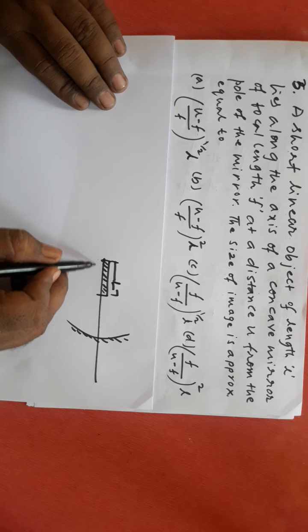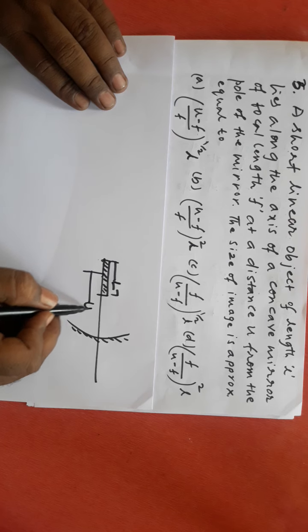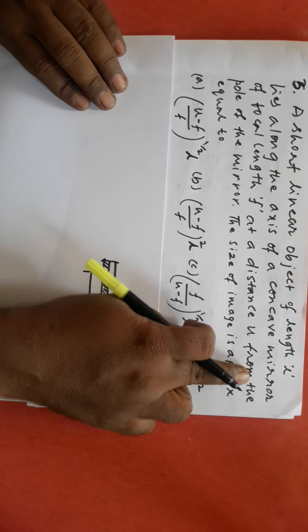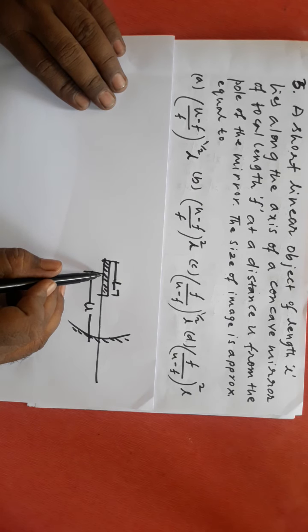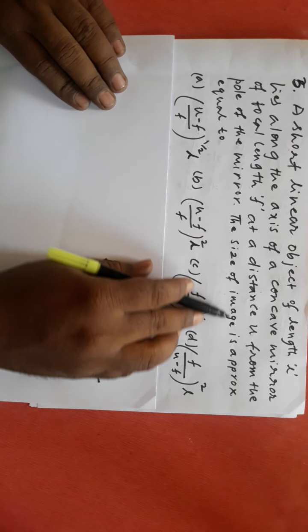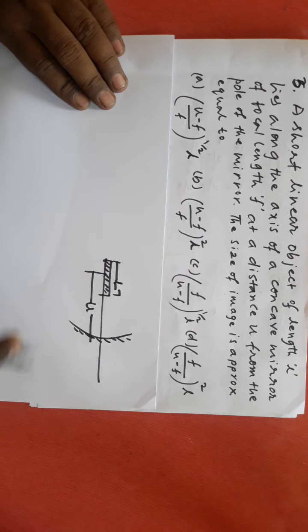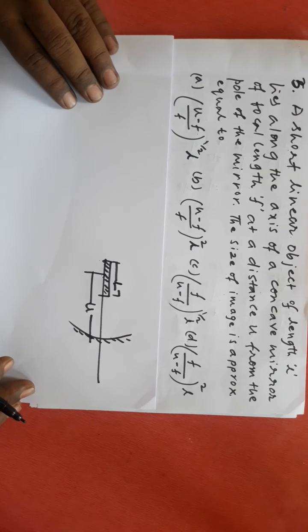I am saying that this distance is an average taken from here, at a distance u from the mirror. It is not an exact calculation. Therefore they are asking the size of the image is approximately equal to.